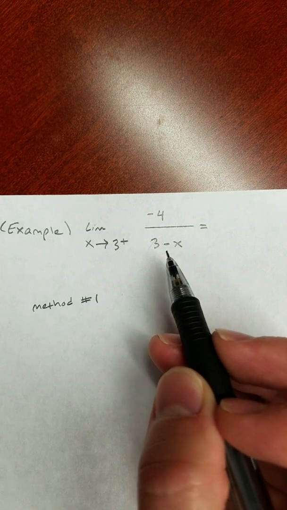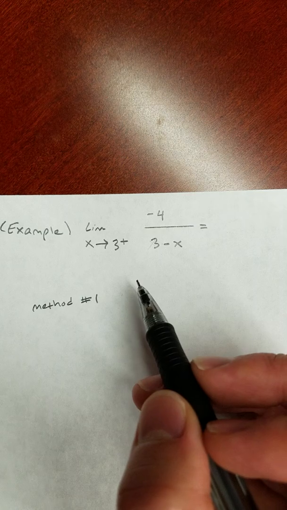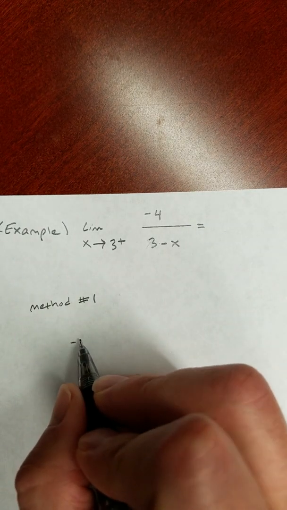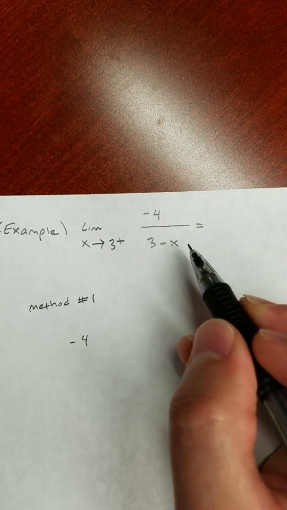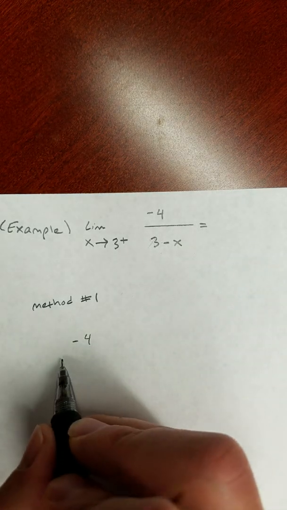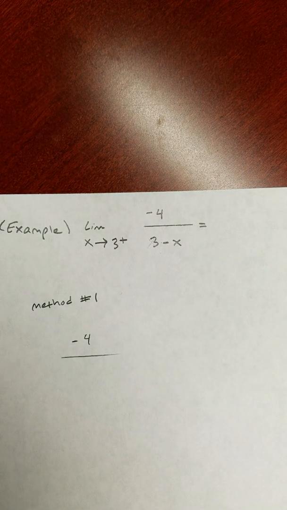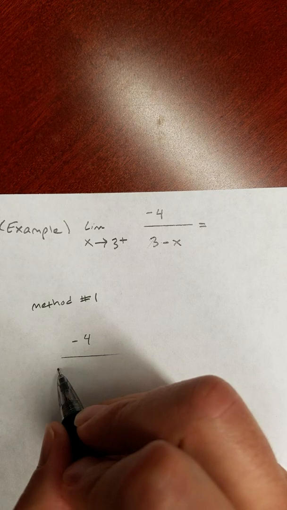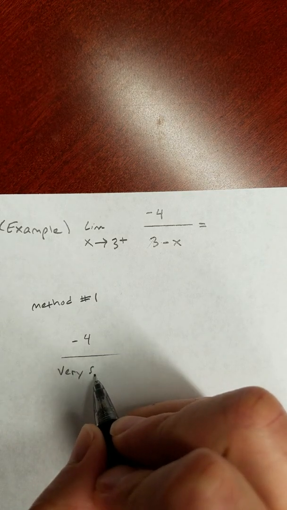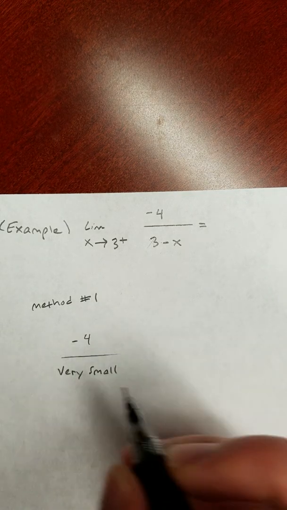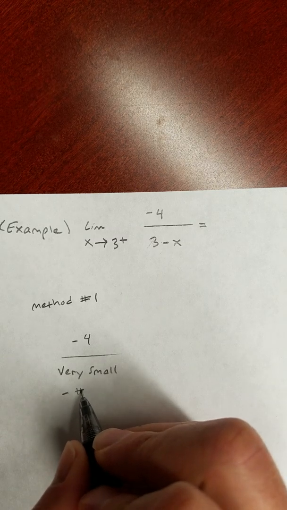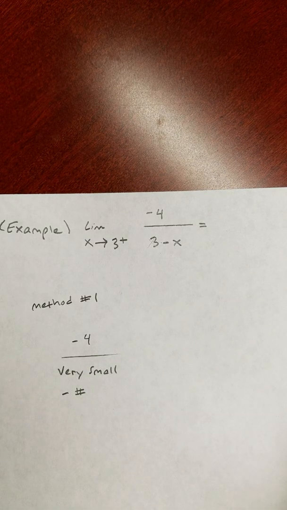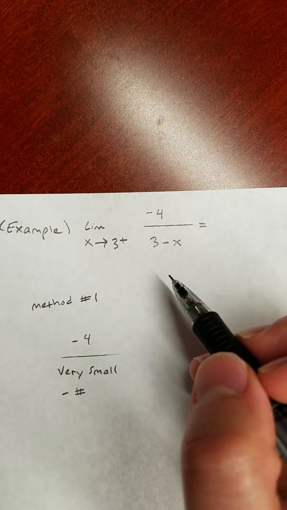Okay? So here's what I'm saying. The form that this limit will take, if we make a table, is negative 4 over a very small negative number. So I can see that, and maybe you can too.